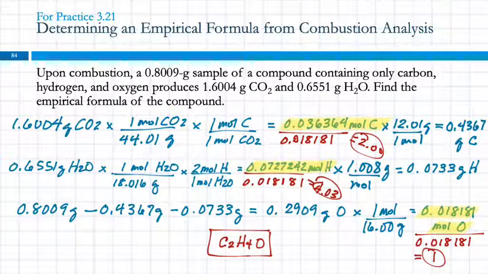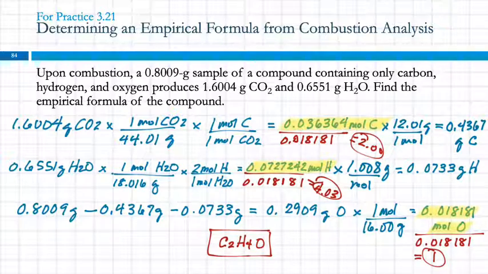But the law of conservation of mass says that mass is neither created nor destroyed. And so if this was the mass of the original sample, that's the mass of the carbon plus the hydrogen plus the oxygen. So when I know carbon and hydrogen and subtract those from the mass of the whole sample, that gives me the mass of the oxygen. Does that help?